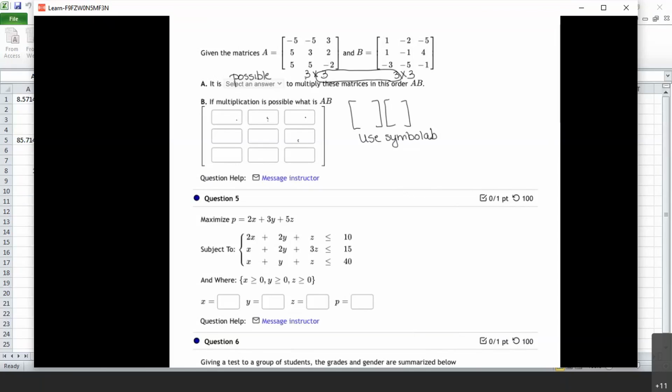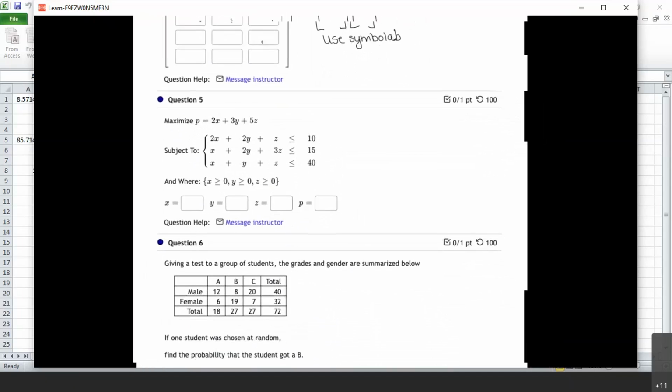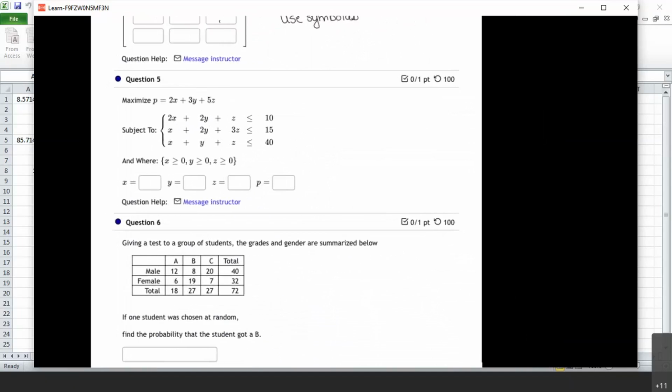Type in matrix A, matrix B, and just put them next to each other using the names list out of matrices, and the calculator will know you mean matrix multiplication. Again, I'm assuming we're good with this. All right. Now, here we have our first linear programming problem.